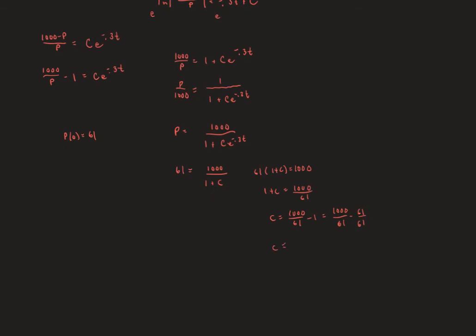That's going to be, let's see, 939 over 61, or if we just throw that in our calculator, that's going to be about 15.393 to 3 decimal places, which makes our population P of t 1,000, that's our carrying capacity, over 1 plus 15.393 e to the negative 0.3 t power.